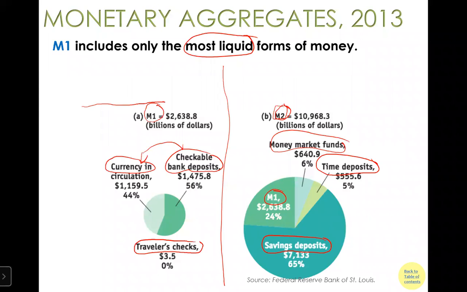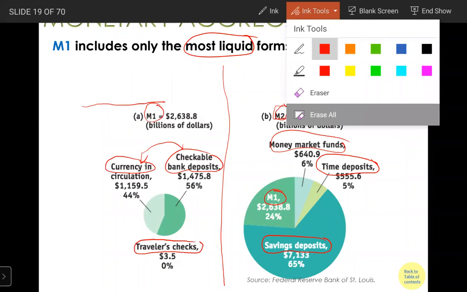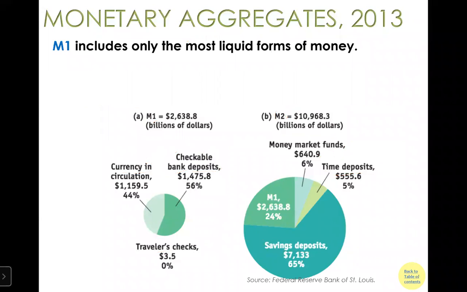On the left hand side is M1. M1 is just money. This is the most liquid form of money. But in M1, only less than half is currency in circulation, and more than half comes from bank deposits.